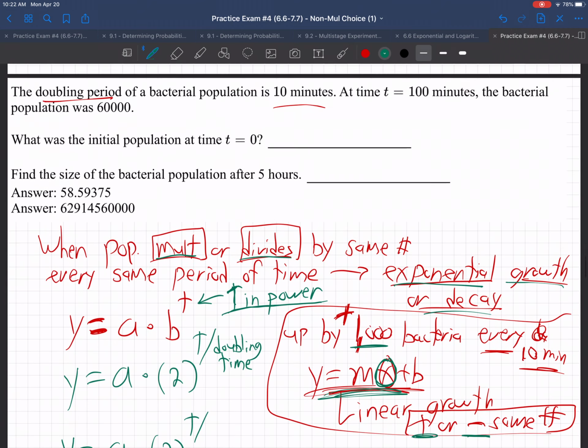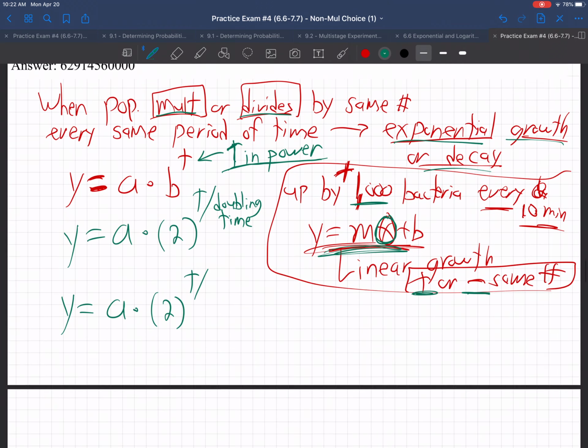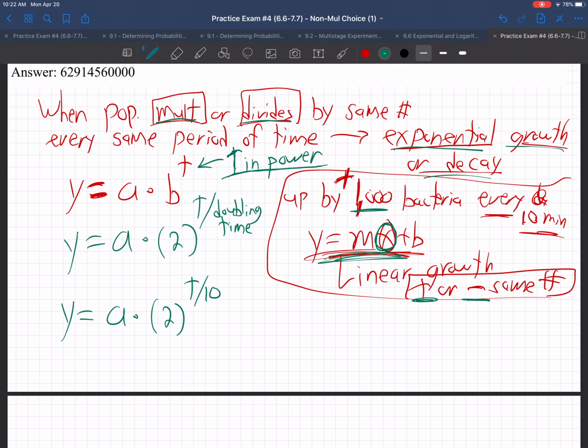How long does it take to double? It doubles every 10 minutes, right? T over 10. Do you see that? You put the doubling time down there. So that's how we set up the formula for a doubling problem. You make the base 2 and you put the t over 10.